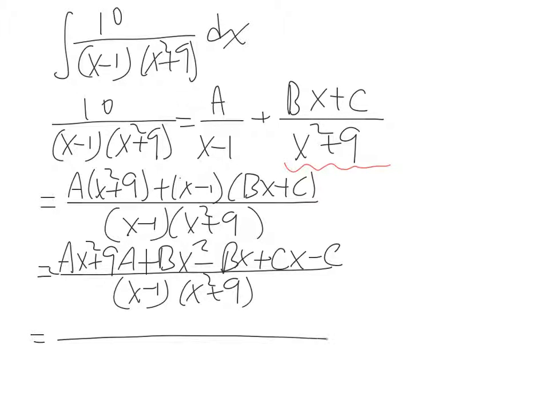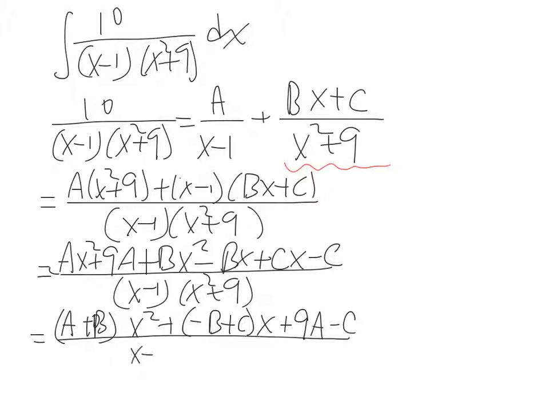Now we're going to combine like terms, which we have as A plus B x squared plus negative B plus C of x and plus 9A minus C over x minus 1 times x squared plus 9.